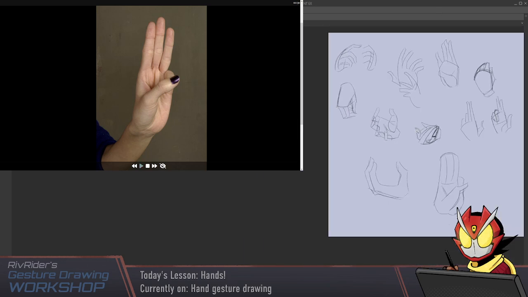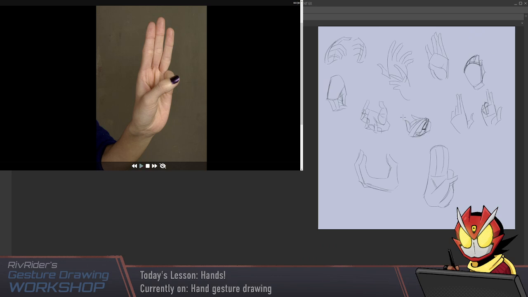In live gesture drawing sessions, models move really, really quickly so that you have no choice but to view just the motion of how everything looks. And I'm forcing you now, because we learned a lot about hand structure, to forego the structure. If that makes sense. It makes sense to me.